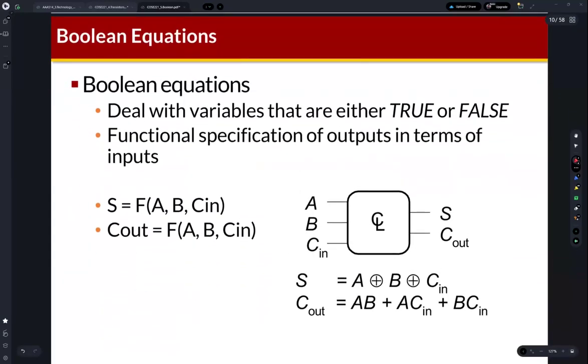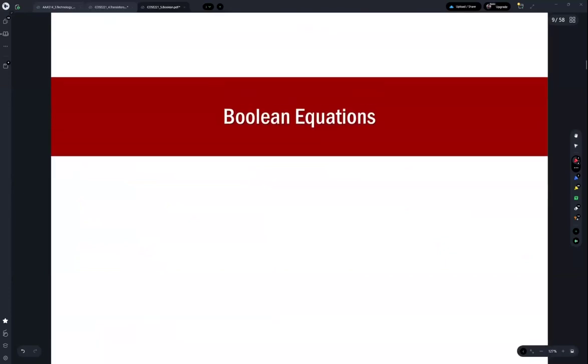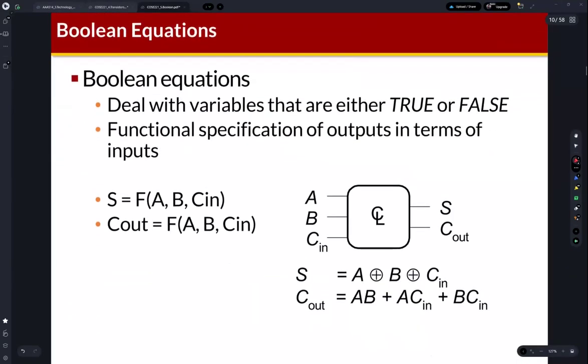Now let's learn about the Boolean equation. This is the definition of a Boolean equation. As I mentioned, Boole is the name of a scientist. Boolean equations deal with variables that are either true or false.